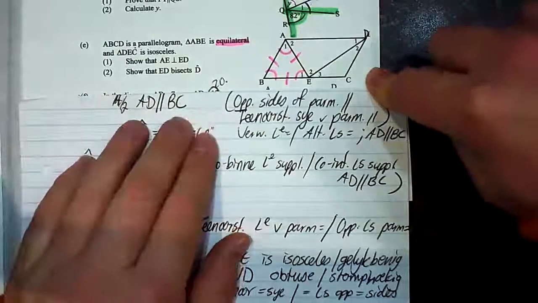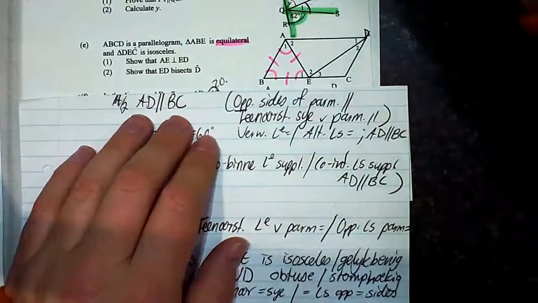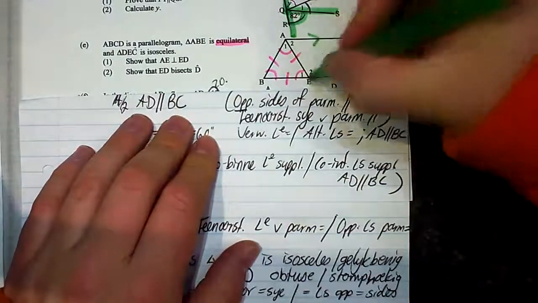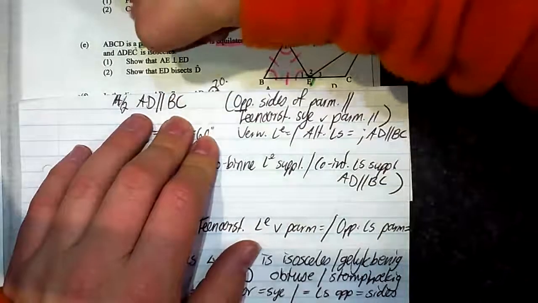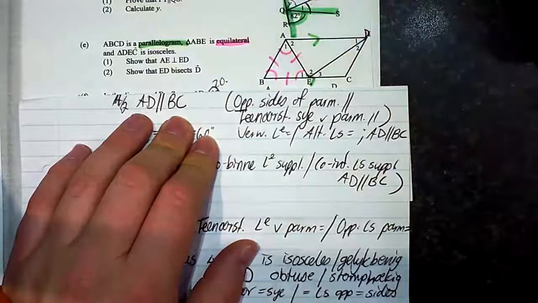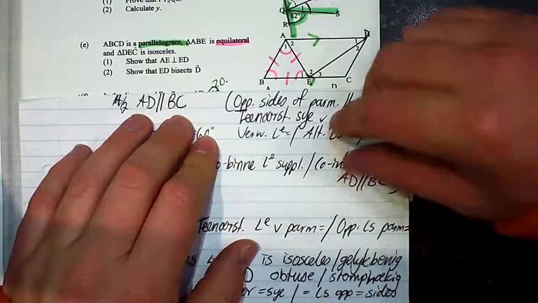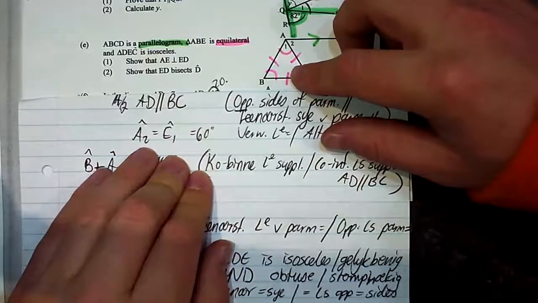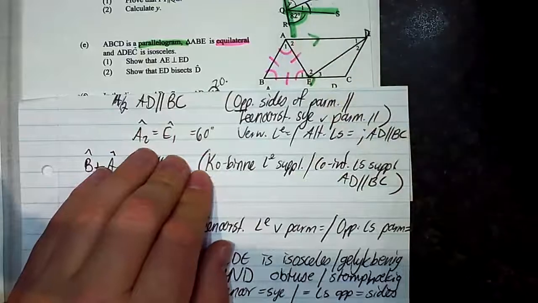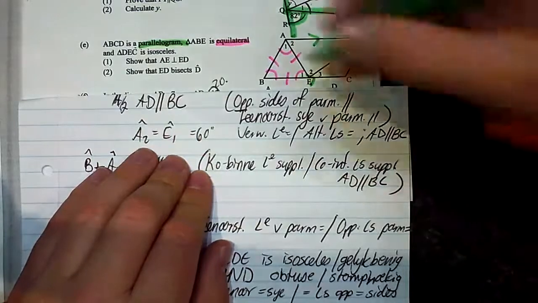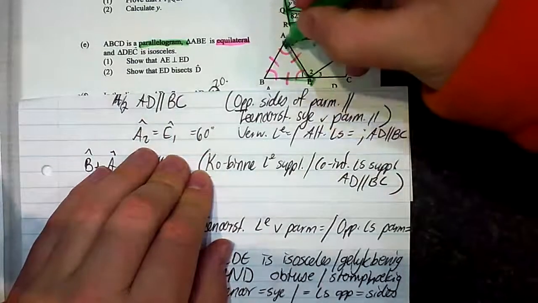What makes it relevant? We know also AD is parallel to BC. Why can I just say that they are parallel? They told us it's a parallelogram. So we must incorporate all those characteristics. If we know that E1 is 60 degrees, we must know that A2 is also. Why is this? Hoekom is hulle gelyk?